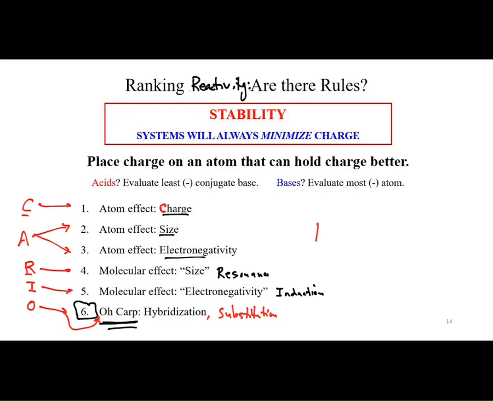Why would I bother to look at the conjugate base to evaluate my reactivity? Well, again, organic chemistry is about the transfer of electrons. Why look at the conjugate base? What does the conjugate base have? Electrons. That's why we look at the conjugate base when we think about acids, because we can see the electrons. They're marked off as this negative charge.